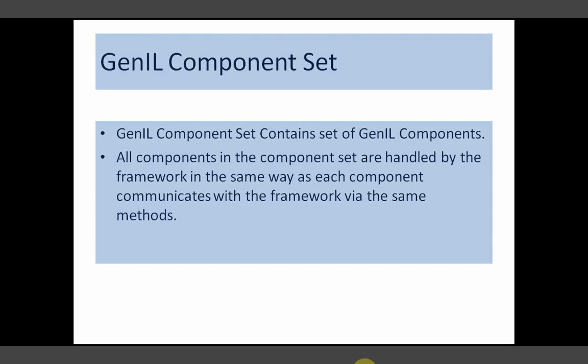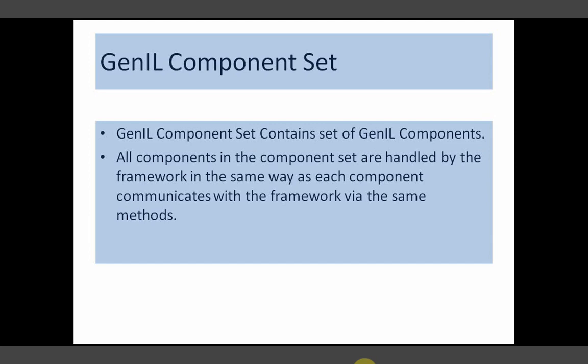Genil component set. Simply, a Genil component set contains a set of Genil components. All components in the component set are handled by the framework in the same way, as each component communicates with the framework via the same method. As I told you, there is a different vision from a developer perspective and from a framework perspective.